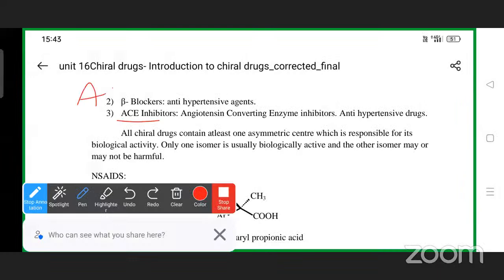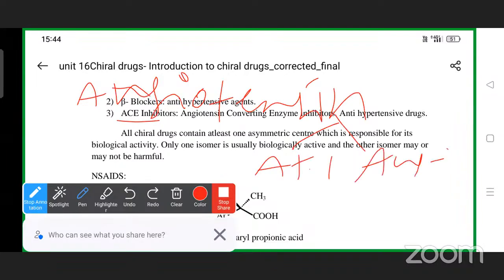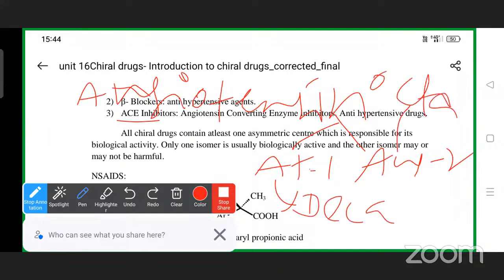Right? So here the angiotensin. Angiotensin is generally a polypeptide which takes two types here. Angiotensin 1 and angiotensin 2. Angiotensin 1 is a decapeptide and angiotensin 2 is an octapeptide.